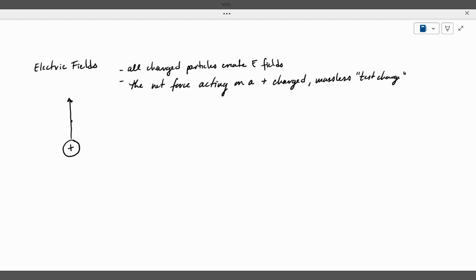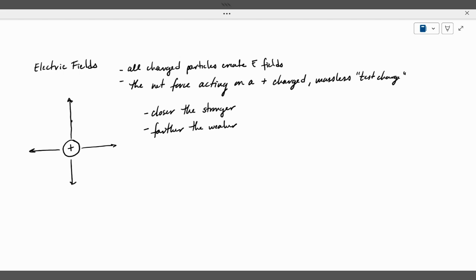So we basically have these field lines that go out like so. The closer we are, the stronger. And the farther we are, the weaker. So close gives strong fields, far gives weak fields.